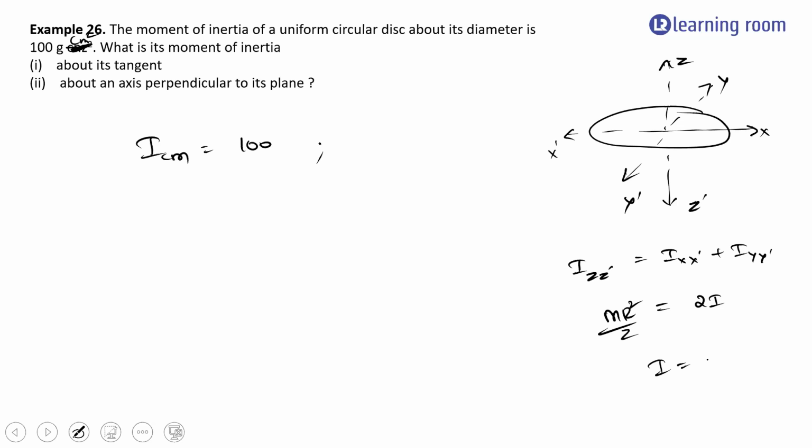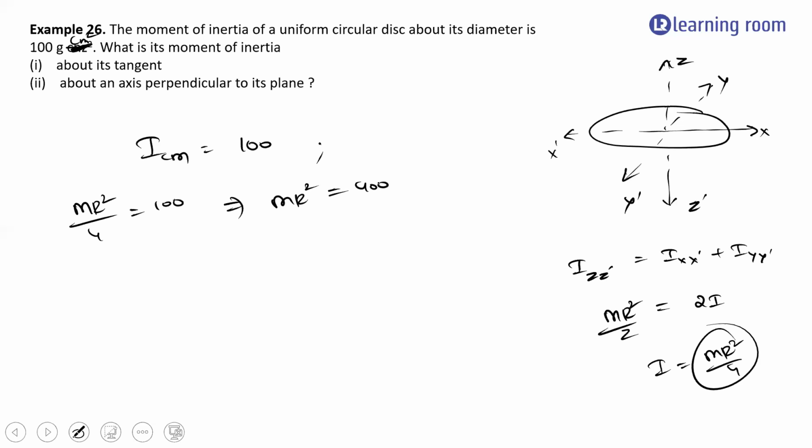So it is MR square by 4, and that is 100. Now MR square is obviously going to be 400.